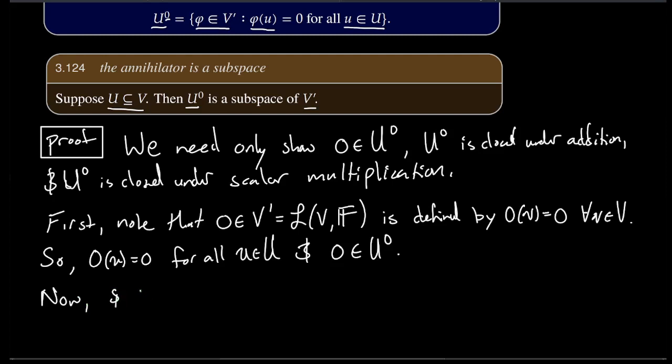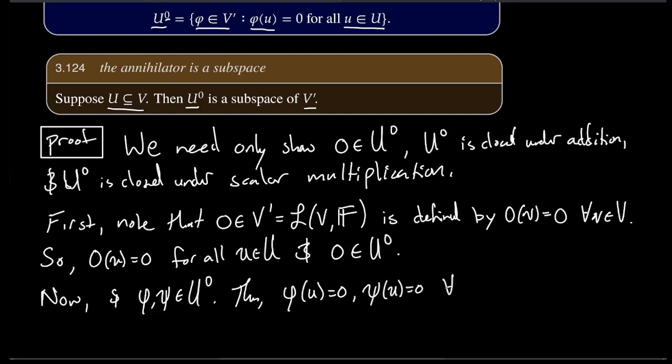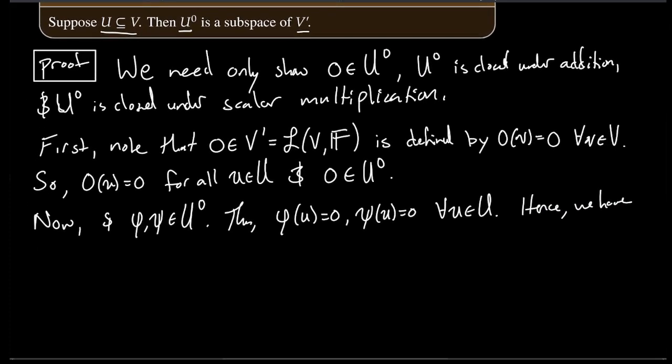Now, suppose phi and psi are in the annihilator of U. Then phi of u is 0 and psi of u is 0 for all little u's in big U. Hence, now we just have to show that the sum is in there.